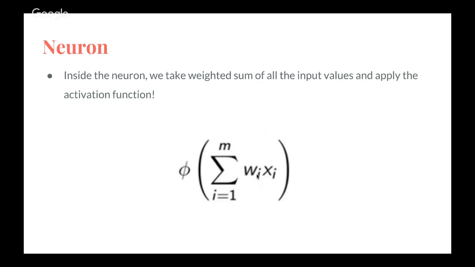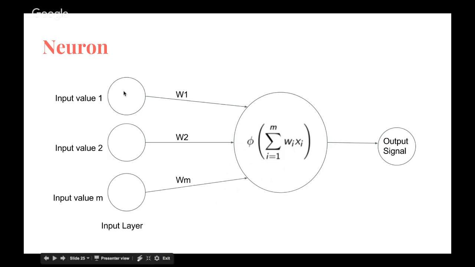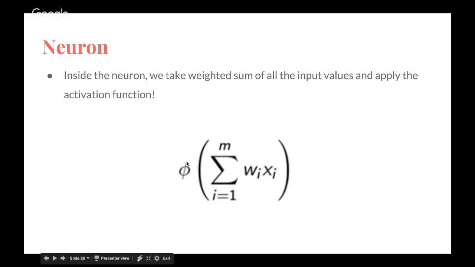This is called a weighted sum. xi is the input values: x1 is input value 1, x2 is input value 2, and similarly xm is input value m. We multiply them with the respective weights and sum all of them. So you observe that we are considering all the weights and all the input values, and we are summing them.